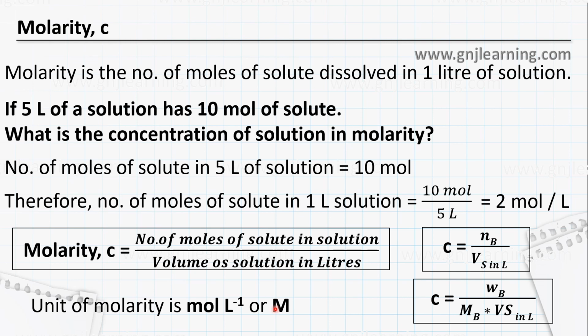You have to use the unit capital M or mole per liter specifically to express the unit of molarity. You can use either capital M or C for denoting molarity, but as a unit you should always use either capital M or mole per liter for molarity.